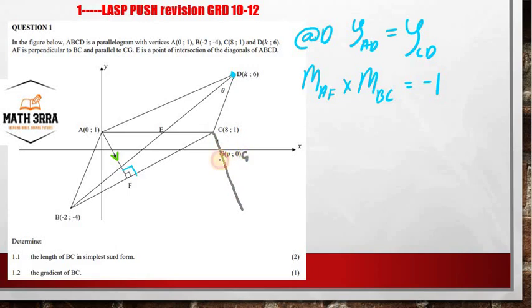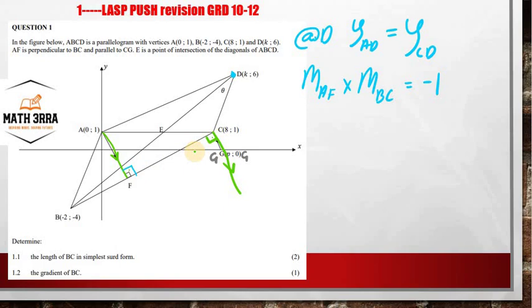This is point G. I'm extending it because I want you to take note of this angle. If this line is parallel to this line, these two angles are alternate angles. So this is a 90-degree angle.